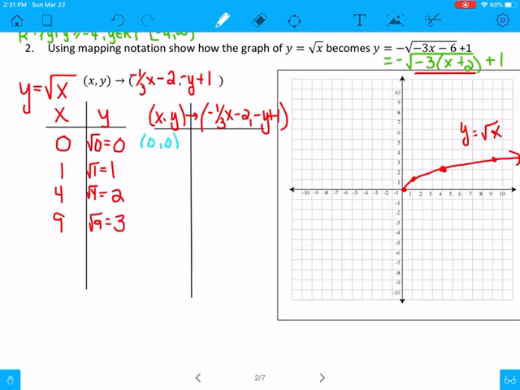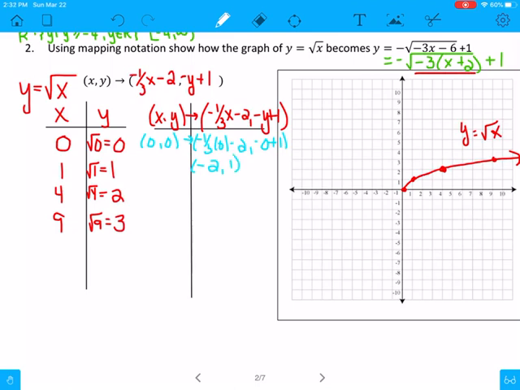When I fill it into mapping, I'm going to get negative 1/3 times 0 minus 2, comma, negative 0 plus 1. So negative 1/3 times 0 minus 2 is negative 2, and then negative 0 plus 1 is 1.